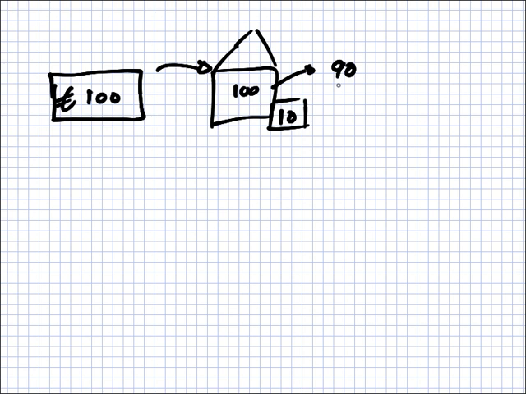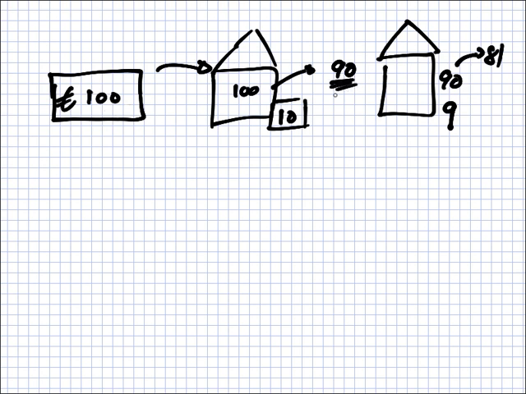So what then happens is this person who got the 90 euros as a loan from the bank spends that money, and that will end up, naturally enough, in another bank account. And what will happen with that 90 euros? Well, the bank does the same thing. It will keep 9 euros and then lend out 81 euros. So your 100 euros caused you to still have the 100 euros because it's still on your bank balance, but now somebody else has 90, and somebody else now has 81, and so on.